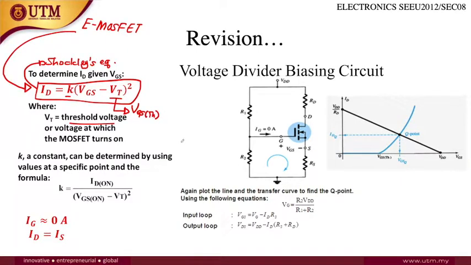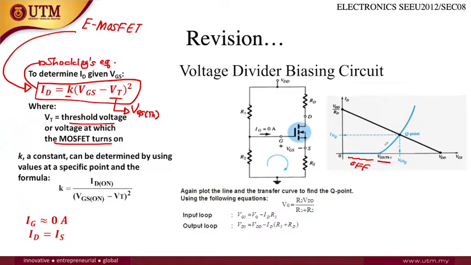If you look at this graph, it is the value of voltage that turns on the device, turns on the MOSFET. Before the threshold voltage, there is no current flow because the device is not turning on. It is in an off condition.